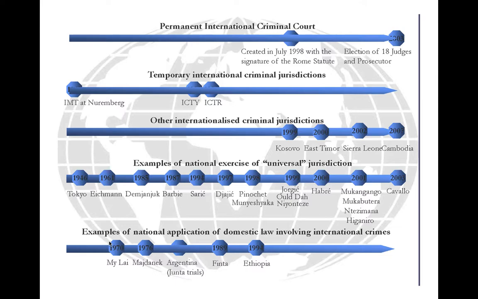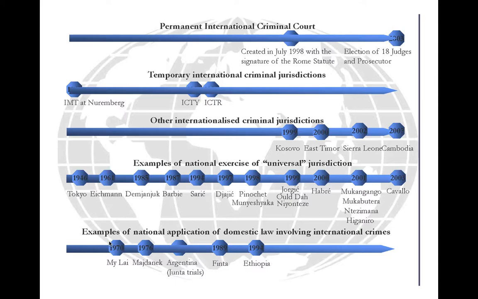I mentioned the International Military Tribunal in Nuremberg; the ICTY for Yugoslavia and the ICTR for Rwanda were established in the mid-90s. There were certain other internationalized criminal jurisdictions, in Kosovo, East Timor, Sierra Leone, and Cambodia.